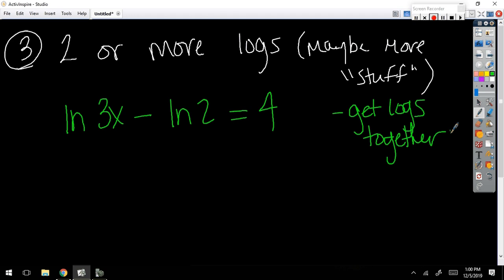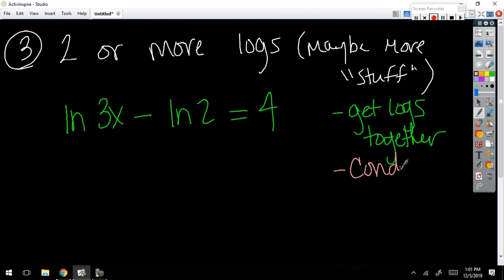So the first thing you want to do is get the logs together. Now, what do you think you do? Natural log, 3x. I need it to be in the scenario where there's only one log, and the only way to get there is if I condense it.